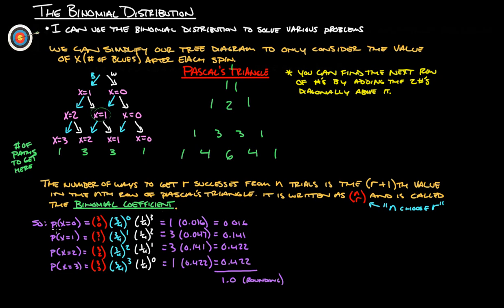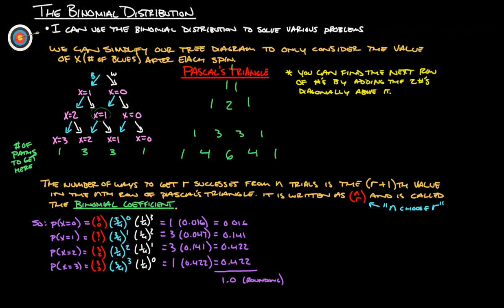Probability of x equaling 0, so of getting no successes at all, so that would be no blue. That's going to be this path right here. We're going to have 3 trials and 0 successes, so they're going to be all white.